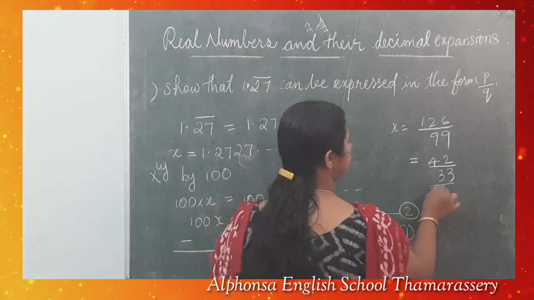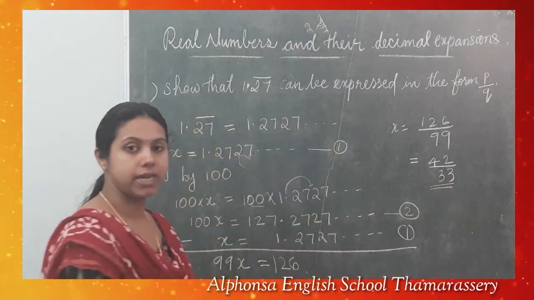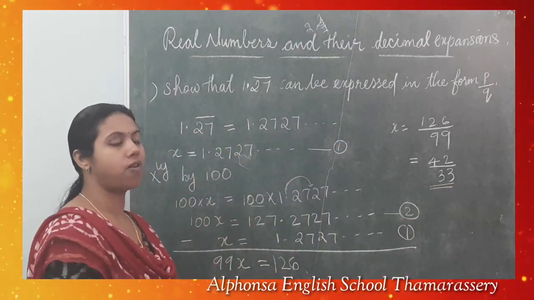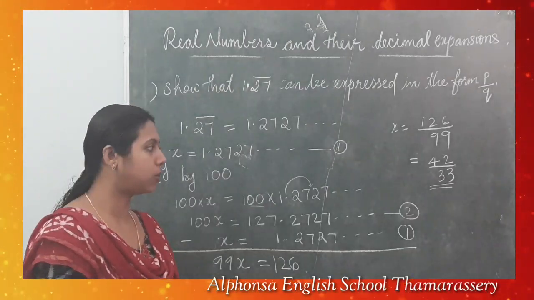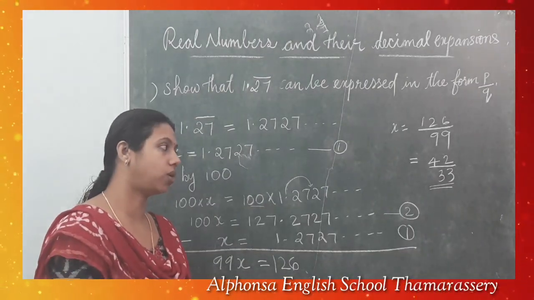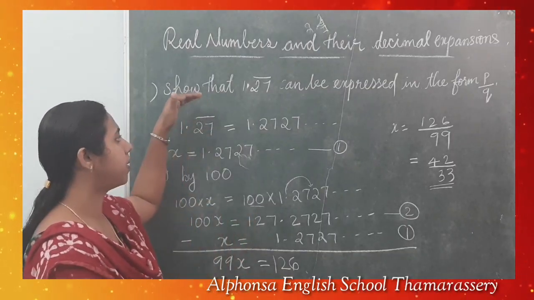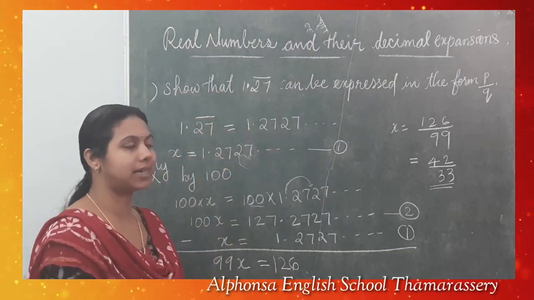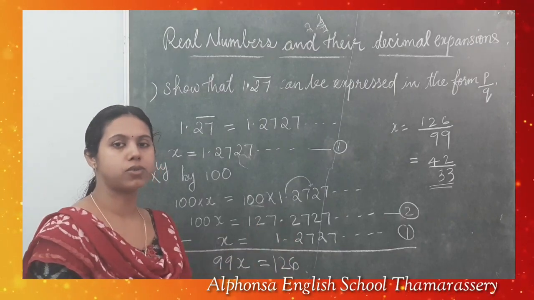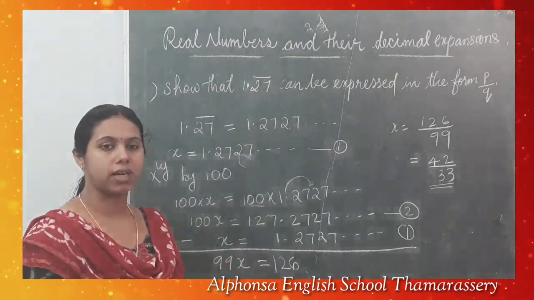So x is equal to 42 divided by 33. It's in the form of p by q, where p and q are integers and q not equal to 0. So we can say that the number 2.27 can be written in the form of p by q. So it's a rational number.